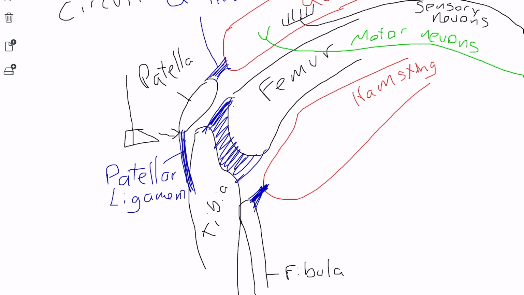Your leg kind of shoots forward, your foot shoots forward. And what's happening here is that the quadriceps are contracting and the hamstrings are remaining relaxed. And so when you do that, you extend your leg, the tibia and fibula extend.